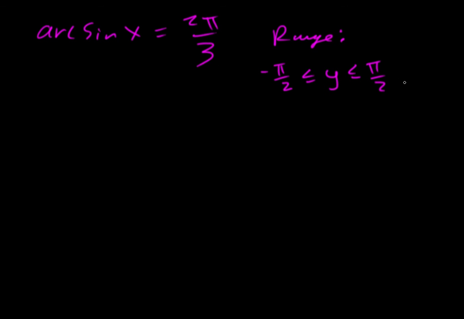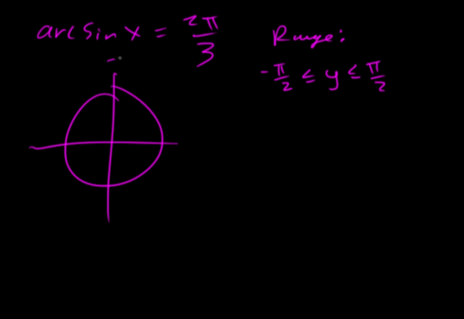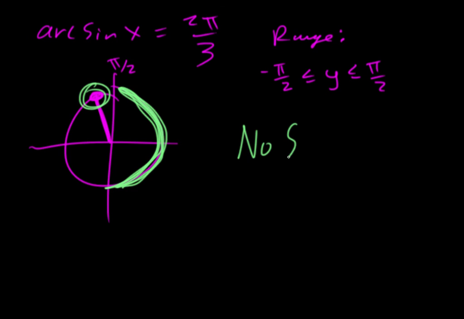We saw that, remember this is pi halves, and we saw that 2 pi thirds was right here. So we're only allowed to use arcsine if we're anywhere in this area, but since we're right here, we're outside of it, so we just say no solution.